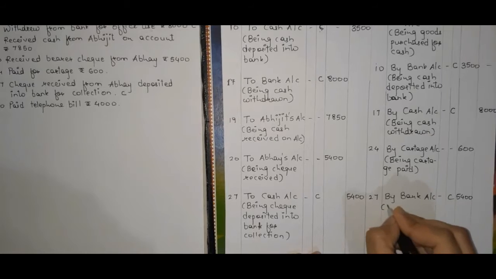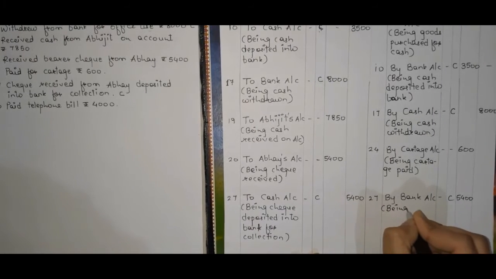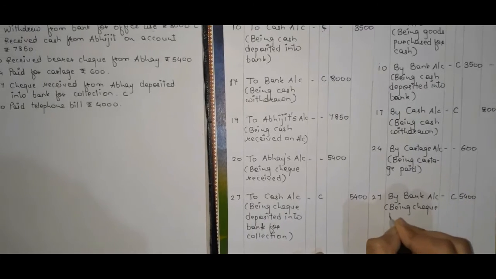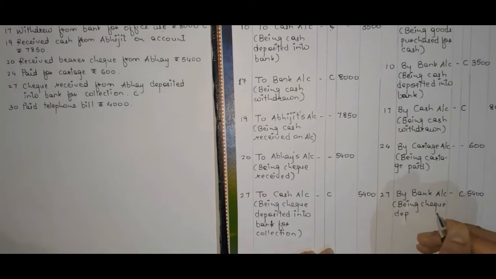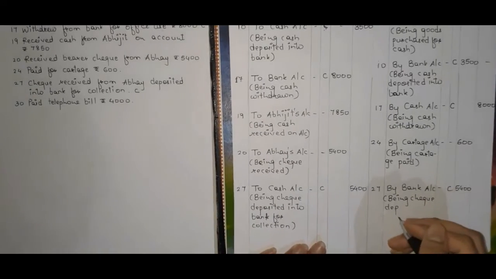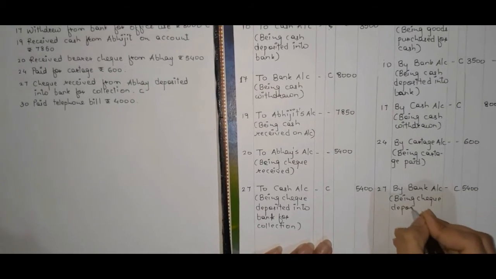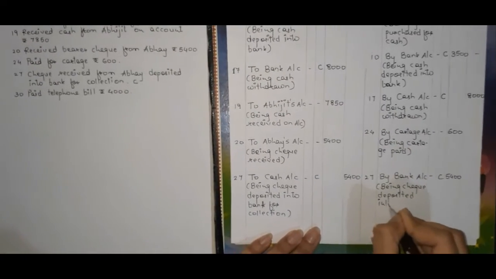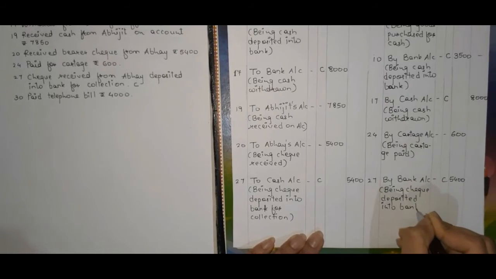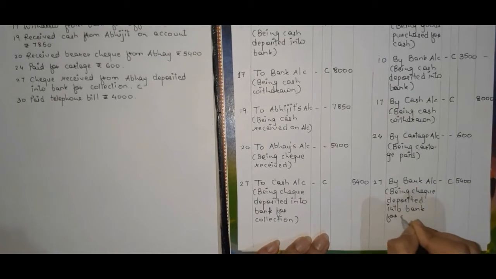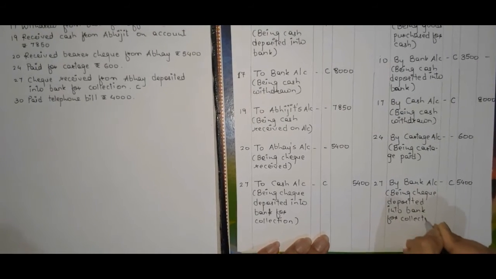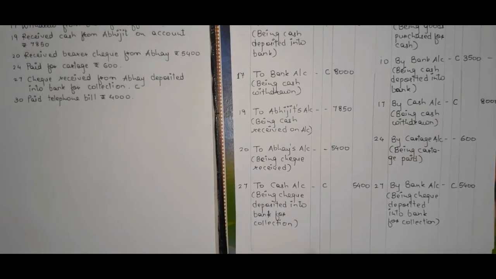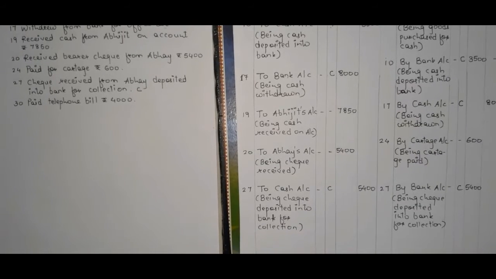Okay, narration, same narration we have to write down over here, being check deposited into bank for collection. Okay, so this is how the contra entry is recorded.